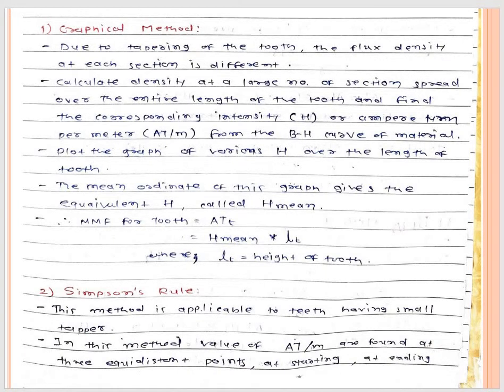So calculate the flux density at a large number of sections spread over the entire length of the teeth and find the corresponding magnetic intensity H, or ampere turns per meter, from the BH curve of the material used for the teeth.